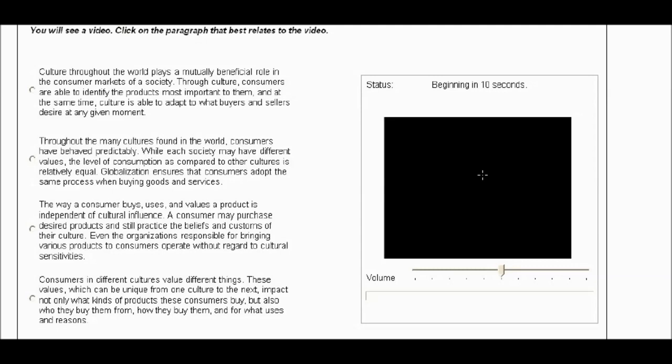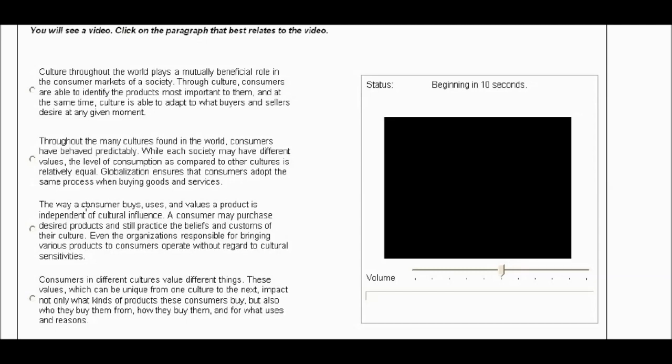So you can leave the first paragraph now. And the second paragraph is: throughout the many cultures found in the world, consumers have behaved predictably. No, the lecturer is not telling anything about predictability, so it is a wrong answer.